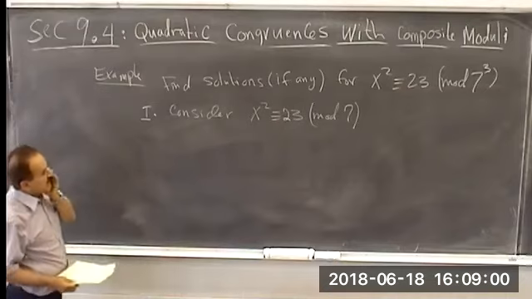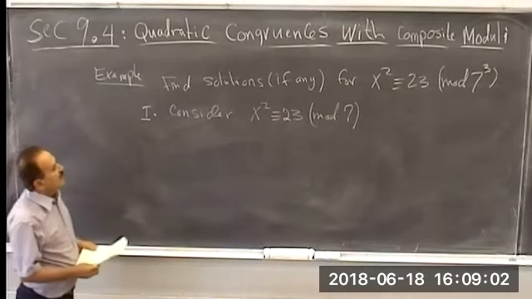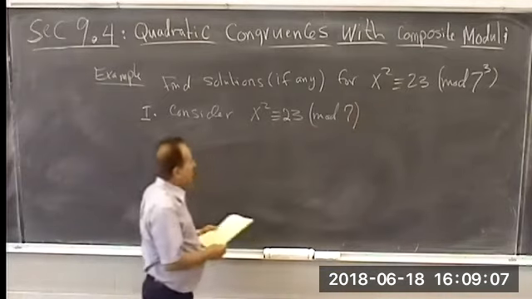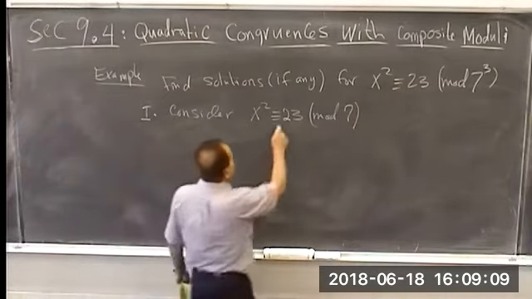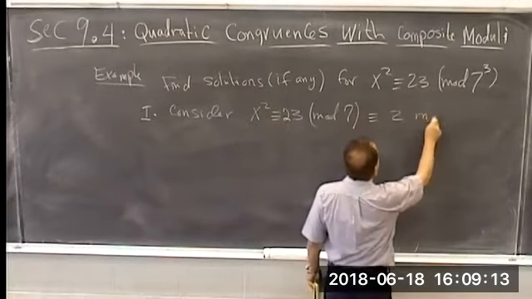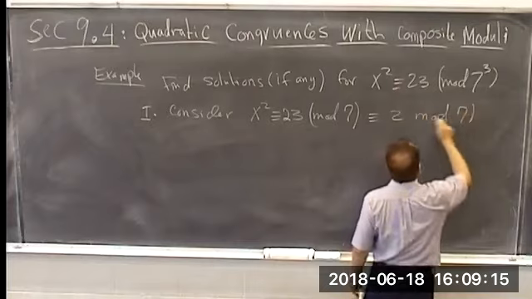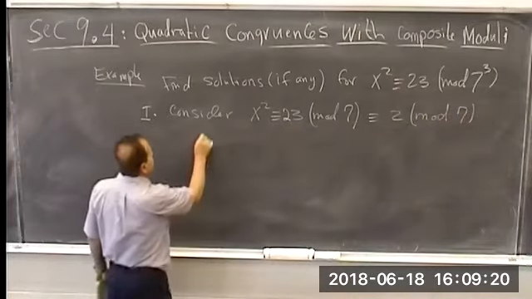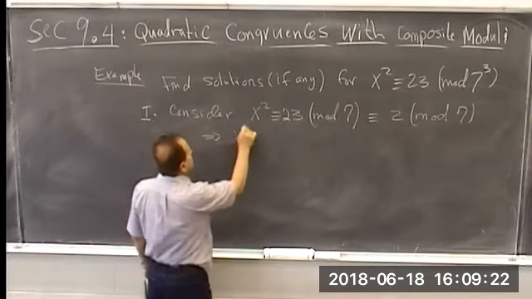If it does have a solution, then the original equation is going to have a solution. Now for this, because 23 is congruent to 2 mod 7, giving us a difference of 21, this implies that we have this equation to do.